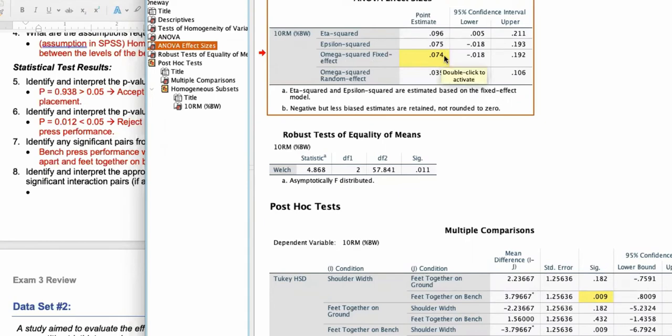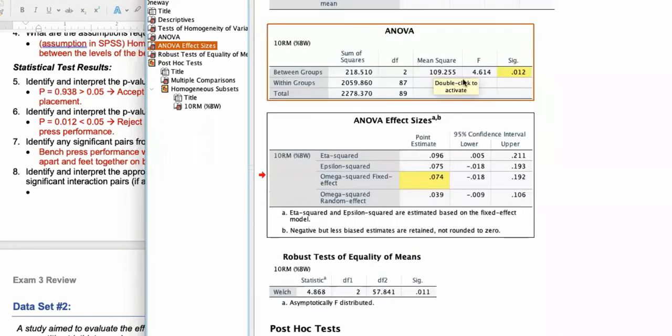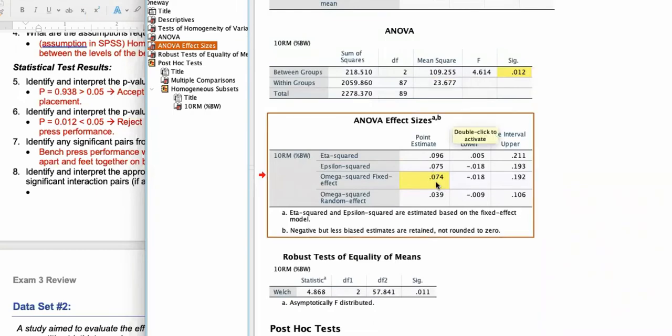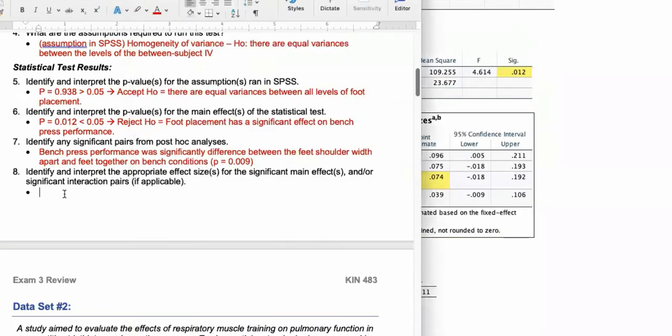I also gave you guys a formula in previous weeks where you could calculate your effect size based off of components of your ANOVA table. But we're given this, so I feel like that's an easy way to say it is equal to 0.074.